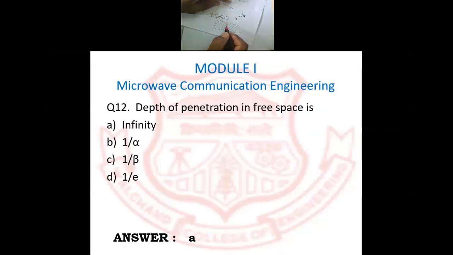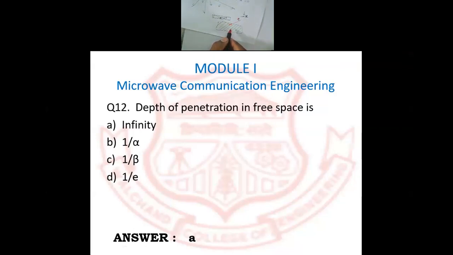When the wave reaches there, what will happen? The wave will be reflected because it will not penetrate the conducting material. Theoretically we say it will not penetrate, but practically it will penetrate. How much the wave penetrates through that conducting wall is nothing but the depth of penetration.